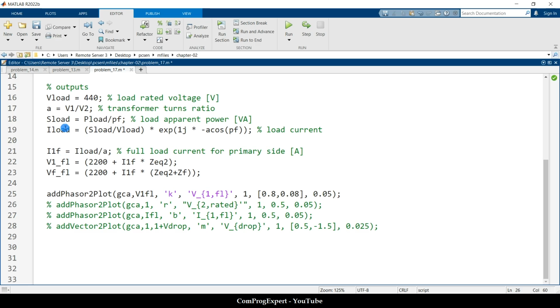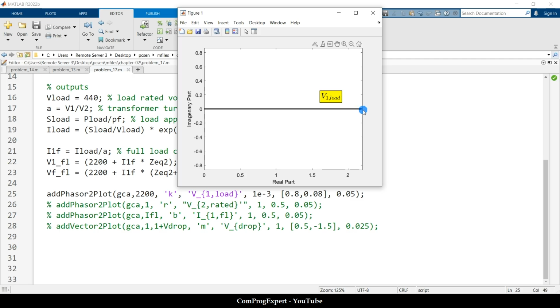This is the first phasor, the load voltage referred to the primary. Yes, this is the V1 load, the load voltage referred to the primary, 1E minus 3. Let's consider this scale.